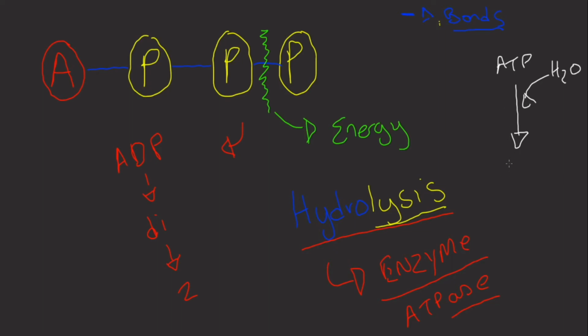This breaks down ATP into ADP. We get a phosphate, an organic phosphate that is broken off from ATP, and we get energy.